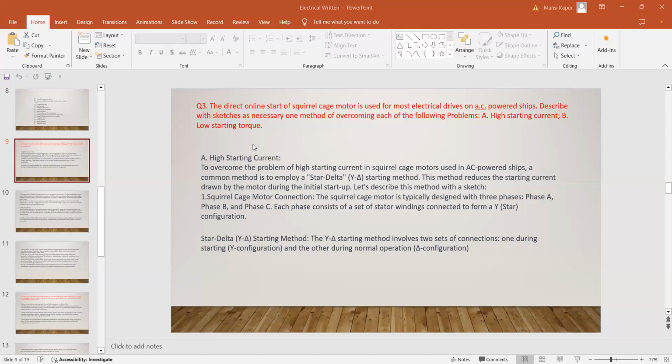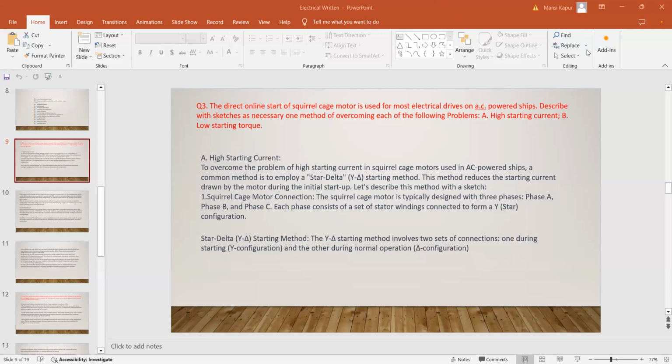What is your understanding as per this question? Squirrel cage motor, what is the method to reduce high starting current? So they are saying when direct online starters are used, there are problems like high starting current and low starting torque. How can you overcome this?